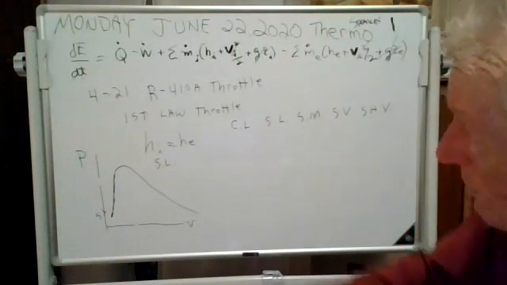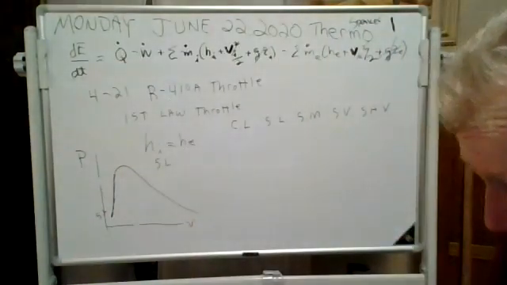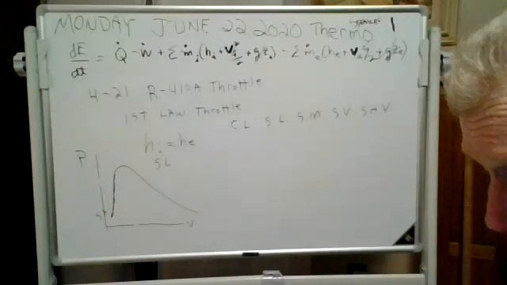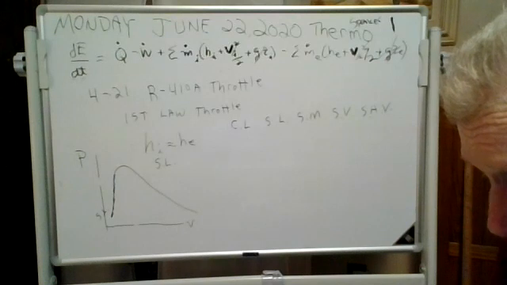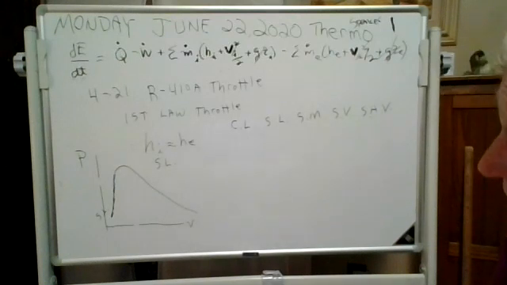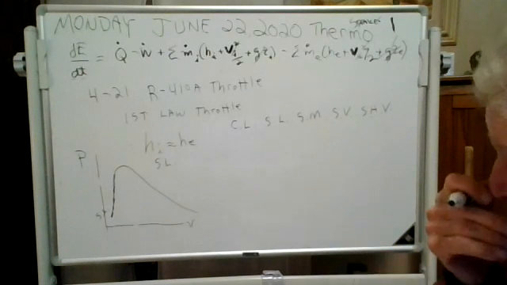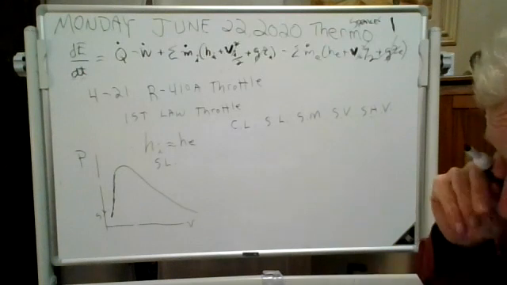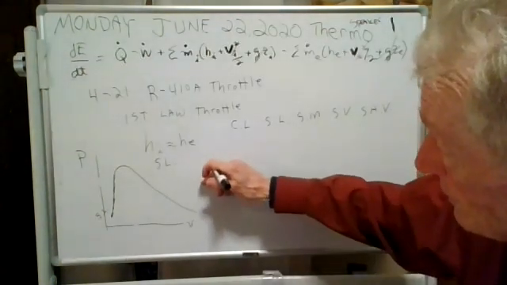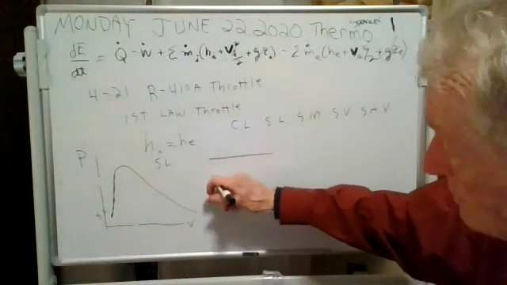Okay, well, let me go find R410A. There it is. And what we want is, wait a minute, I didn't do my device sketch, did I? Well, here, let me do my device sketch.